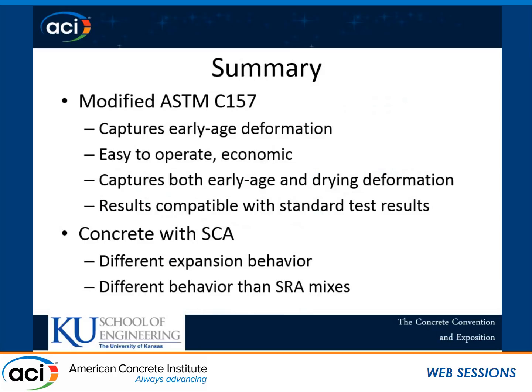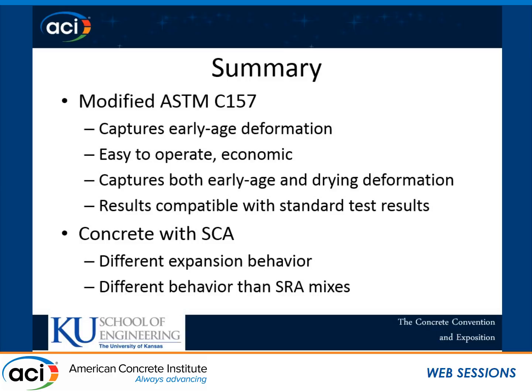And to wrap it up, I introduced the modified ASTM C157 test method that allows us to capture early age deformation of concrete specimens. It is very easy to operate, and it is very economic. It captures early age deformation as well as drying shrinkage, and the results are compatible with the results obtained using the standard test method.